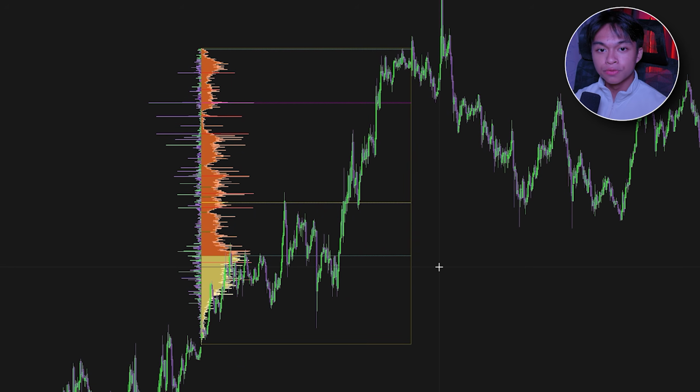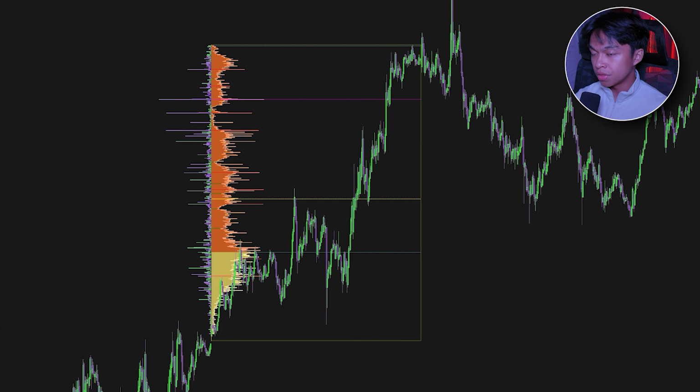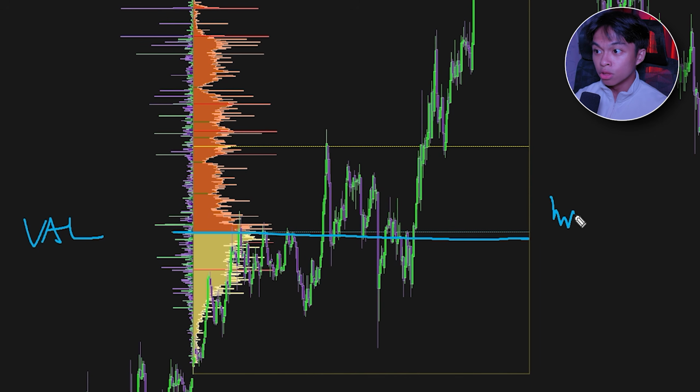Now, looking at this volume profile, I know that you guys are a little bit confused, but don't worry, hear me out. It's the same thing as I discussed a while ago in the theory part. So this one right here, this is what I like to call the value area low. So everything outside this big orange color is gonna be the value area low. And what that technically means is that every time the market is under this low is what they call an anomaly.